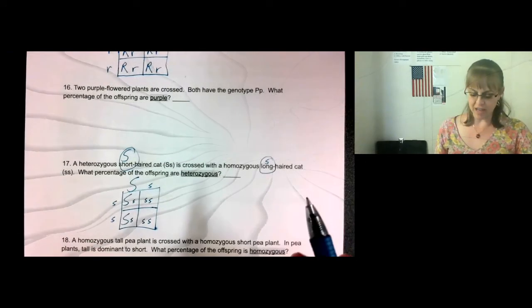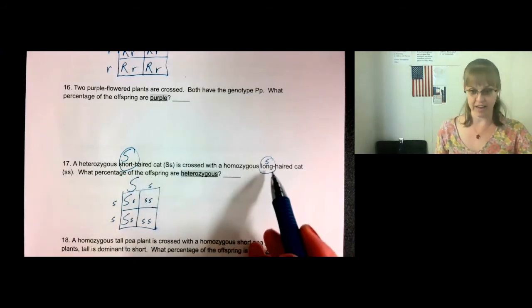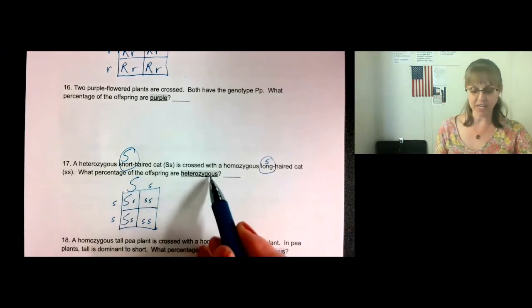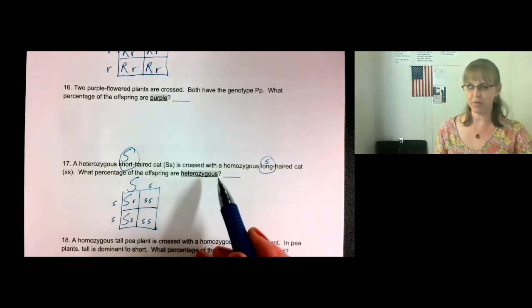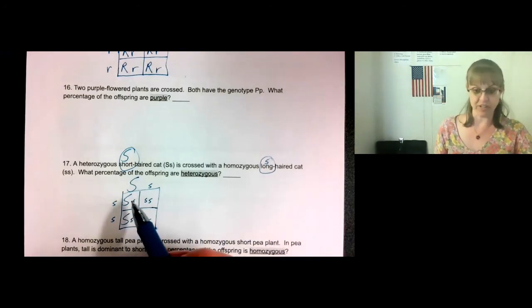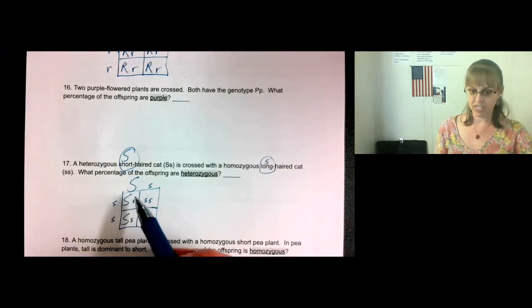When you finish your cross, they didn't ask what percent are short or long-haired. They asked what percent are heterozygous. Hetero means two different things. So which have two different genes? Aha, this one and this one. They both have a short-haired gene and a long-haired gene, a dominant and a recessive gene.